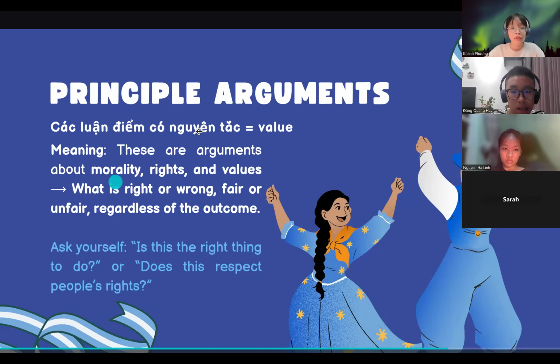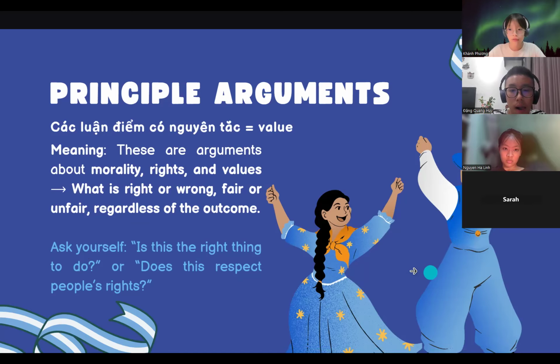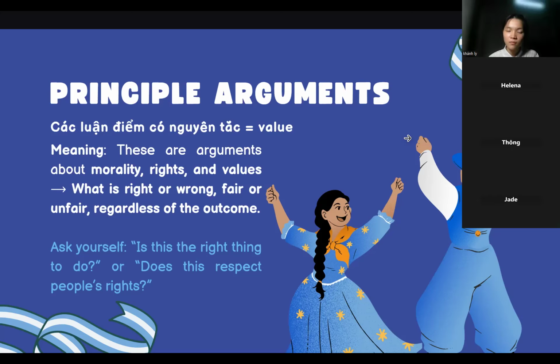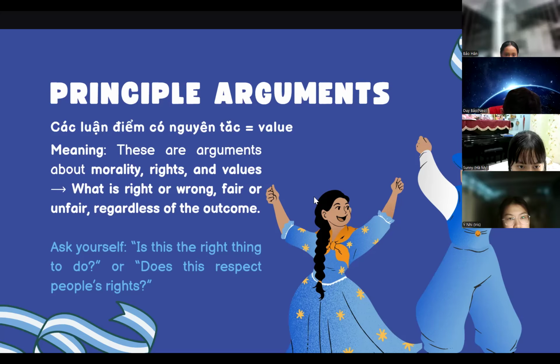And normally, when you make these types of arguments, you will ask yourself, is this the right thing to do? And does this respect people's rights? Là nó sẽ liên quan đến việc là cái gì đúng, cái gì sai, có công bằng hay không ấy. And that's principle. So yeah, it's the opposite of practical. And this argument can be a bit difficult to make. Okay, here's an example.